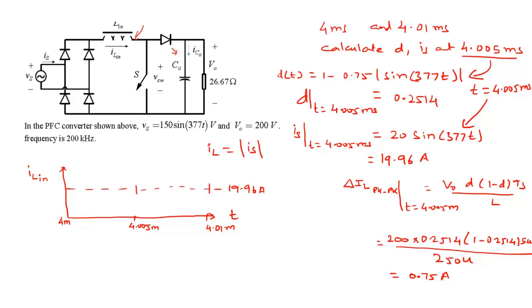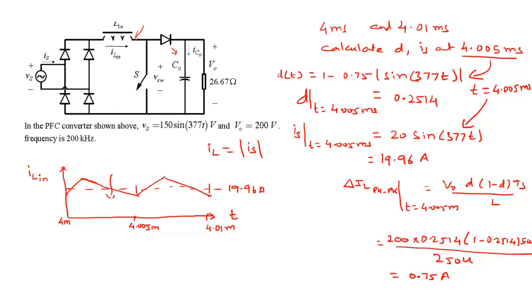D is fairly low, 0.25, so it rises at a higher slope and falls, comes back to that value after one cycle, then rises again in the next cycle, comes back to roughly a similar value. That is your IL in waveform.